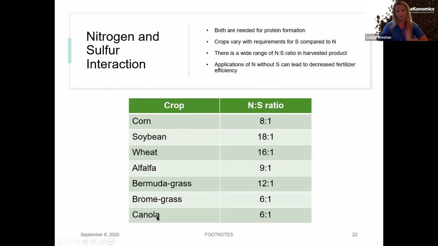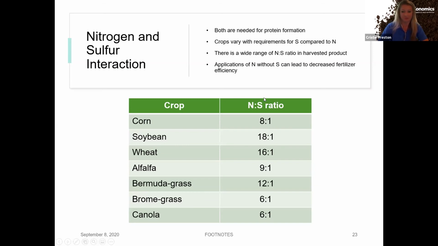So let's take, actually, soybeans are lower. Any crop like corn or canola carrying a 6 or an 8-to-1 ratio of nitrogen to sulfur, you are going to need more sulfur compared to other crops in nitrogen.